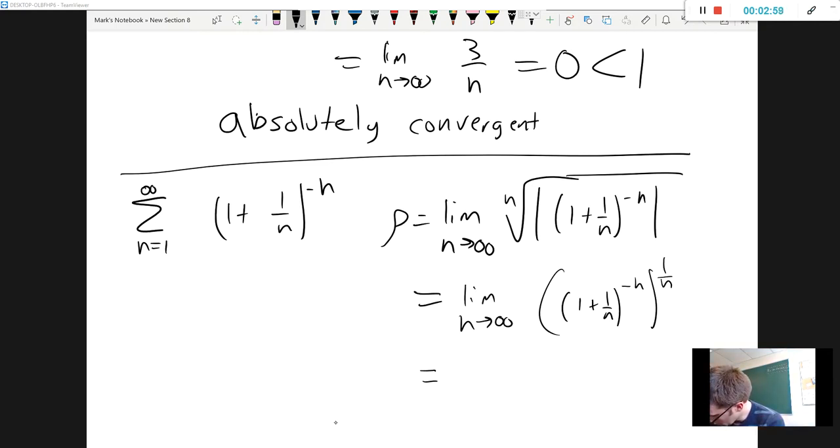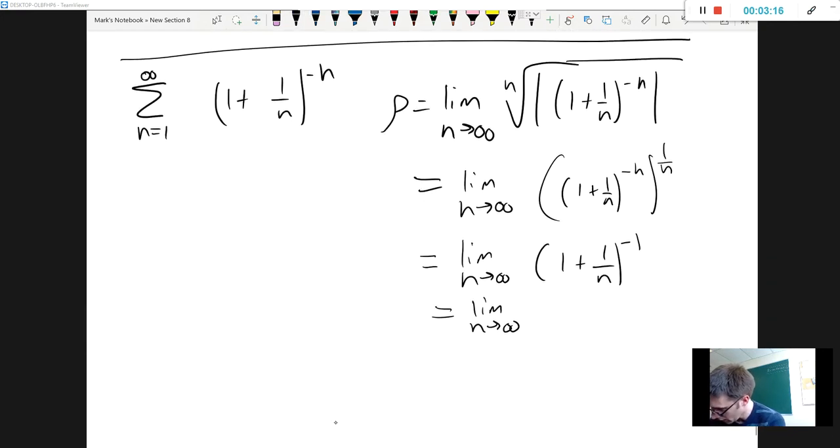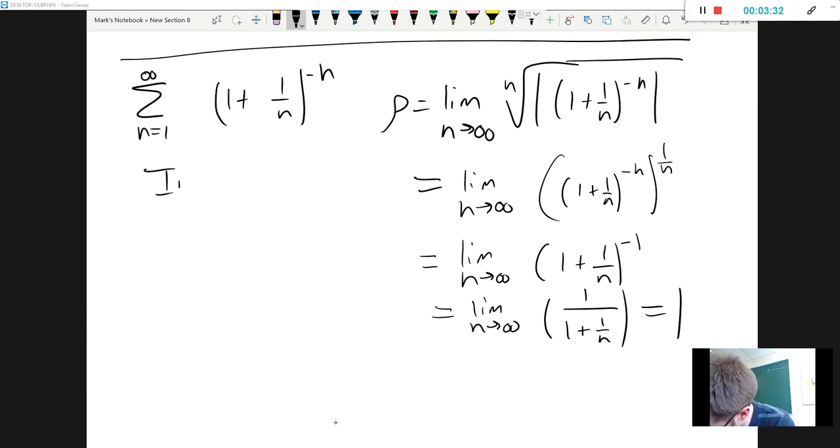If you multiply the exponents, we're left with the limit as n goes to infinity of 1 plus 1 over n to the negative 1, which is equivalent to the limit of 1 over 1 plus 1 over n, which is just 1. Well, if rho is 1, remember that both the ratio and the root tests are inconclusive. So this is inconclusive here.